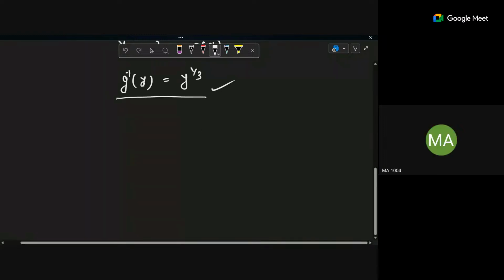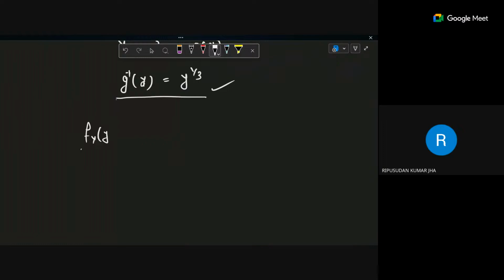Okay. So you have g inverse of y. We have to put it in the g dash of x, g inverse of y. So now instead of g inverse of y, I write y raised to the power 1 by 3, right? Yes, ma'am. Modulus into the PDF, f x of g inverse of y, f x of y raised to the power 1 by 3.